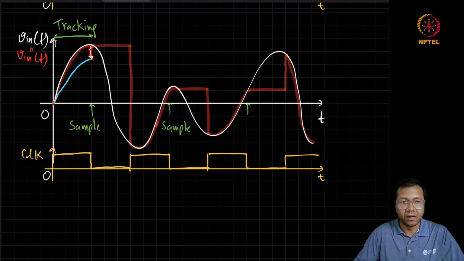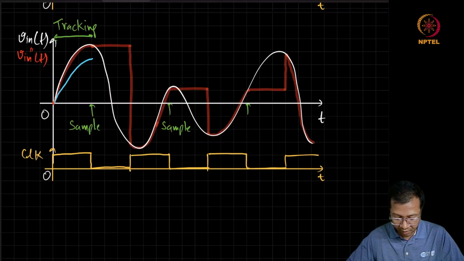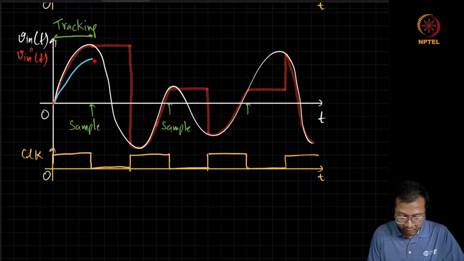I may be showing a little bit exaggerated picture here, but depending on the value of R and C sample, you can see there will be some error here.